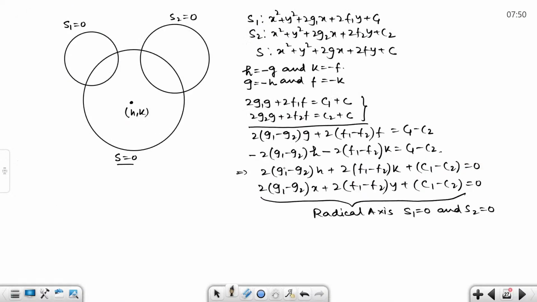That's exactly what I have proved. I have proved that the variable circle, this is the variable circle S equals to 0, if this variable circle cuts the given two circles orthogonally, then the locus of its center is nothing but the radical axis of the given two circles. Yes or no? So this will be our locus of the center of the variable circle. Okay? Is this property clear to all of us?